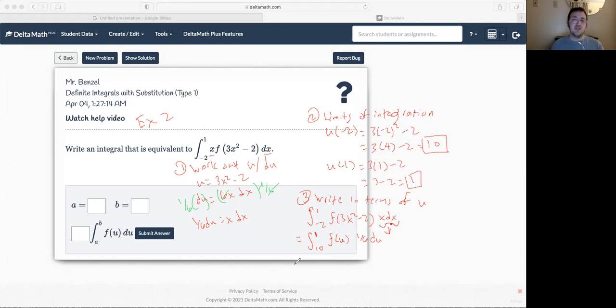And I'm going to just flip the integral. So I'm going to put a -1/6 instead of a +1/6, so I can get that integral nice and flipped. So it's from 1 to 10 of f of u du.